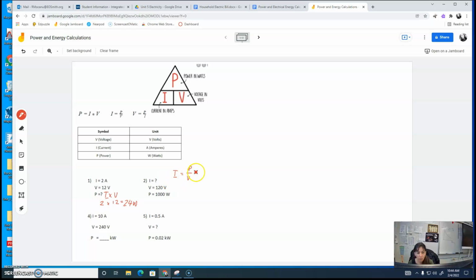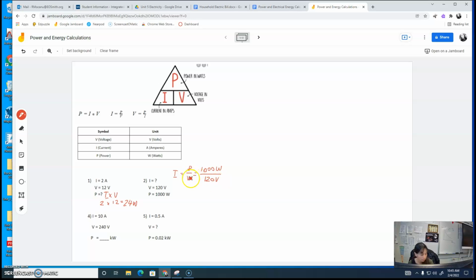Now let's plug in the values. So P is given to us in the problem as 120 volts. I'm sorry, that was actually V, so let's erase that because that is incorrect. Let's plug in the correct numbers. P, the power, is given to us as 1,000 watts, divided by voltage, 120 volts.